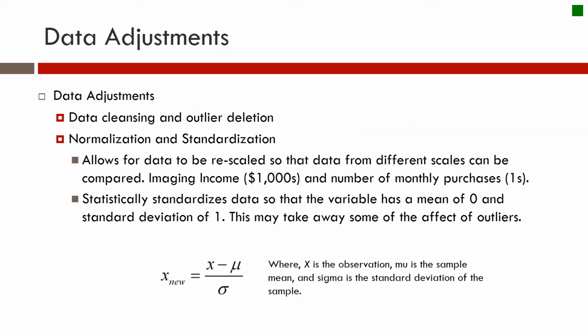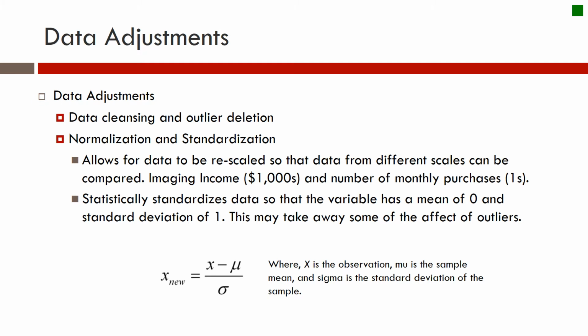So adjustments, first of all, are when you make some type of a data change or modification because of maybe some way the data was collected or something along those effects. So like for instance, say you have a variable like income, and income is measured in thousands and thousands of dollars.